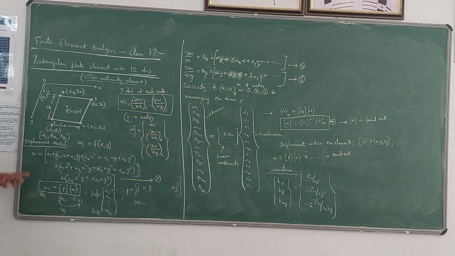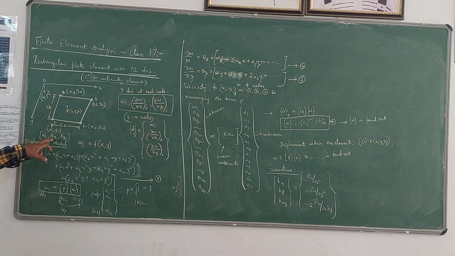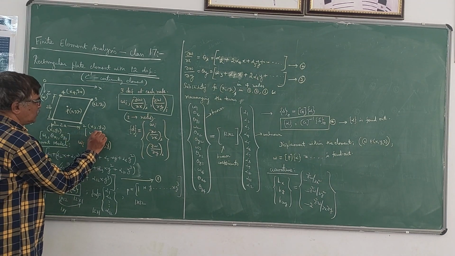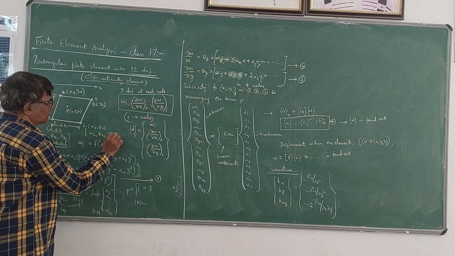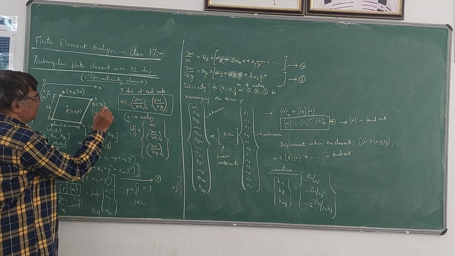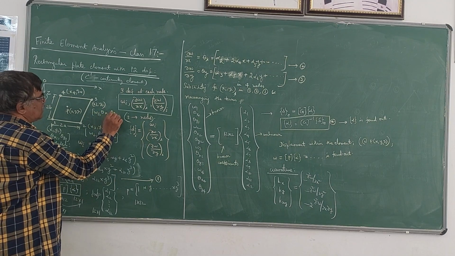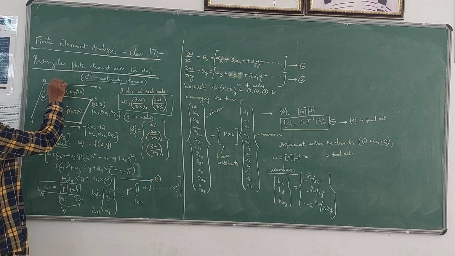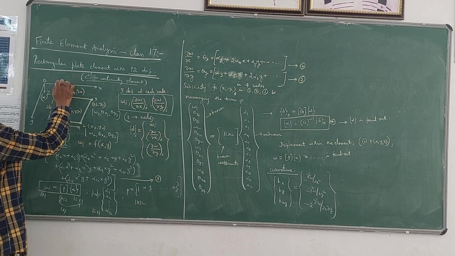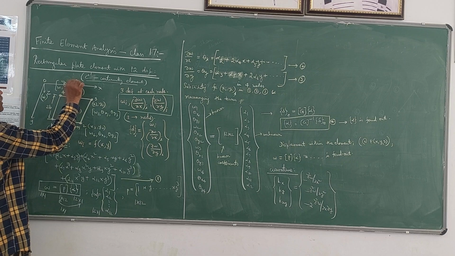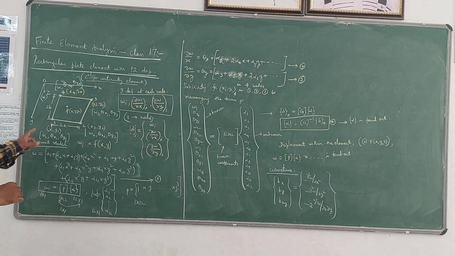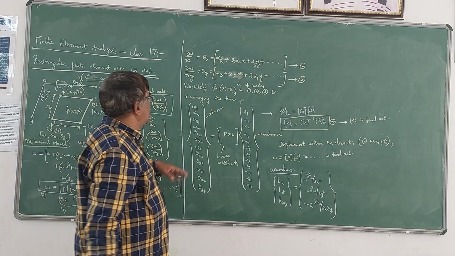Please note that here w1 represents the displacement in the z direction at node 1, and theta x1 is nothing but dou w by dou x at node 1. Theta y1 is nothing but dou w by dou y at node 1. Similarly, at node 2 you have w2, theta x2 and theta y2, at node 3 you have w3, theta x3 and theta y3, and at node 4 you have w4, theta x4 and theta y4. So in total you have 12 degrees of freedom.